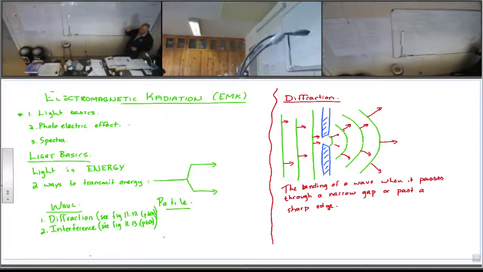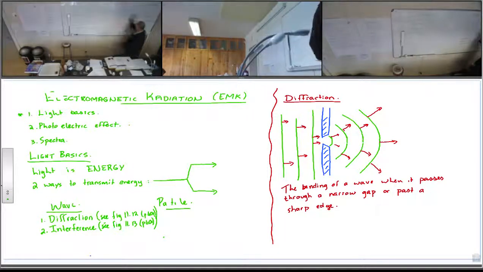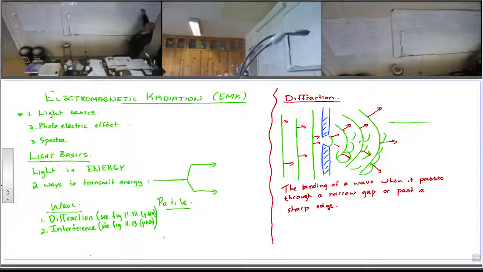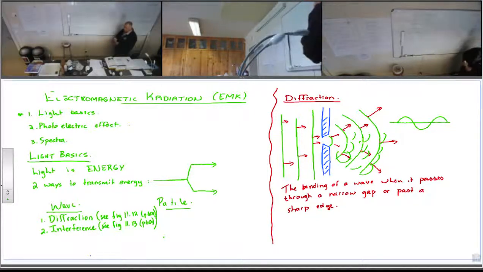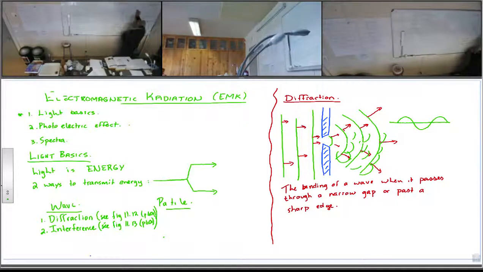Agreed? What happens, I'm not going to go into it, is that these waves start overlapping with each other. They start overlapping with neighboring waves. Okay? And you know from your early information on waves that if you have two waves like that, that's one wave, and let's say we've got another wave that looks like that, and they overlap.